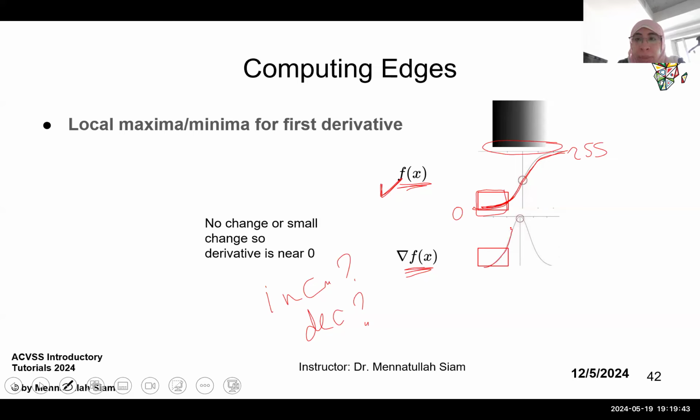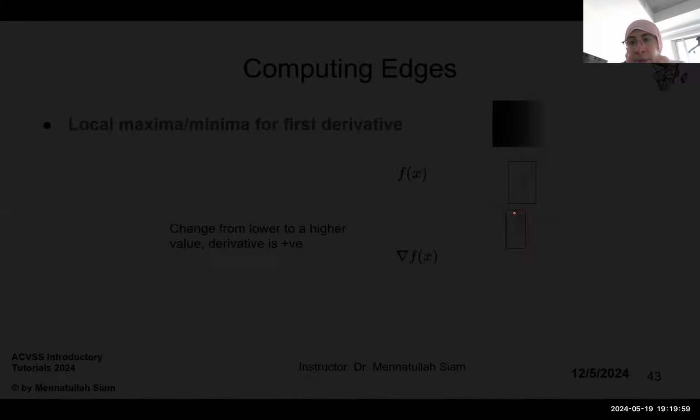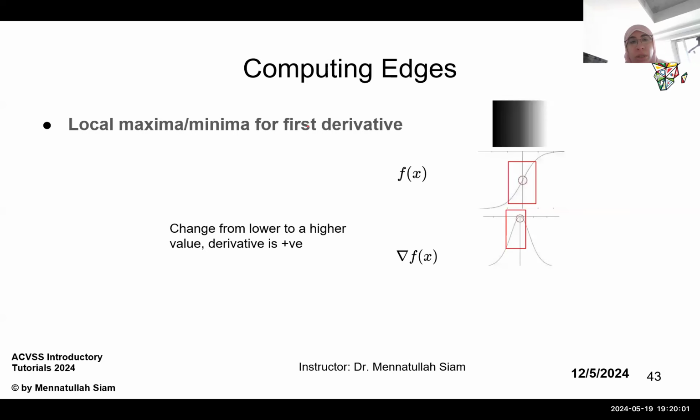And that continues until it peaks at a certain location, which corresponds to the peak. Because here we're changing from a lower to a higher value, the derivative will still be positive.